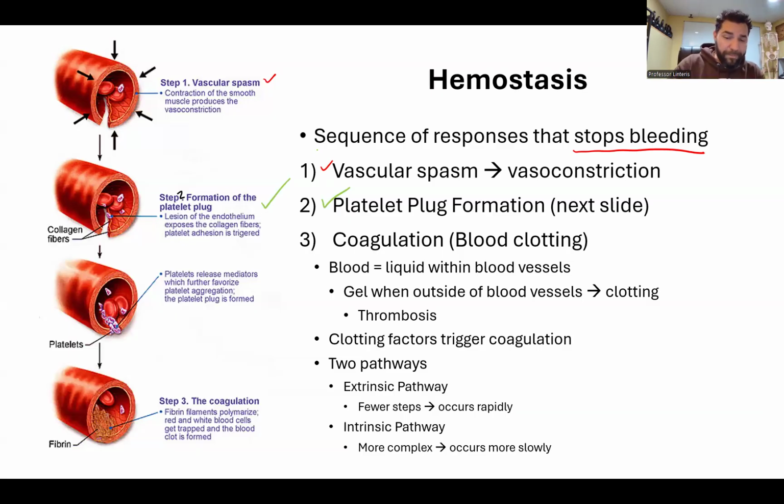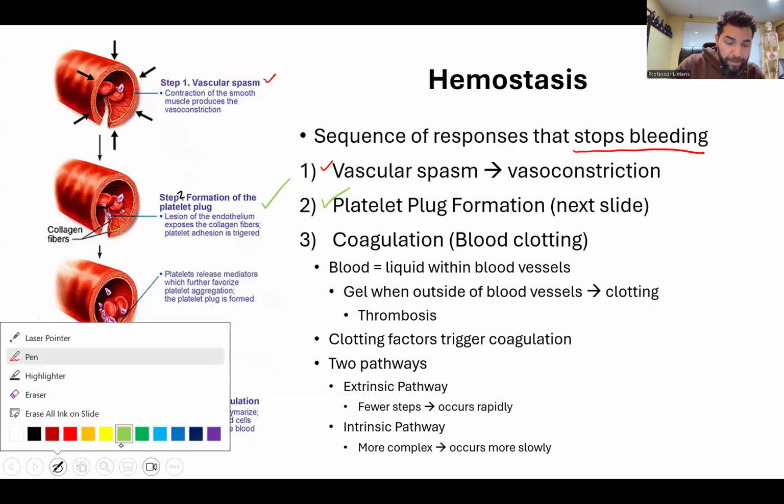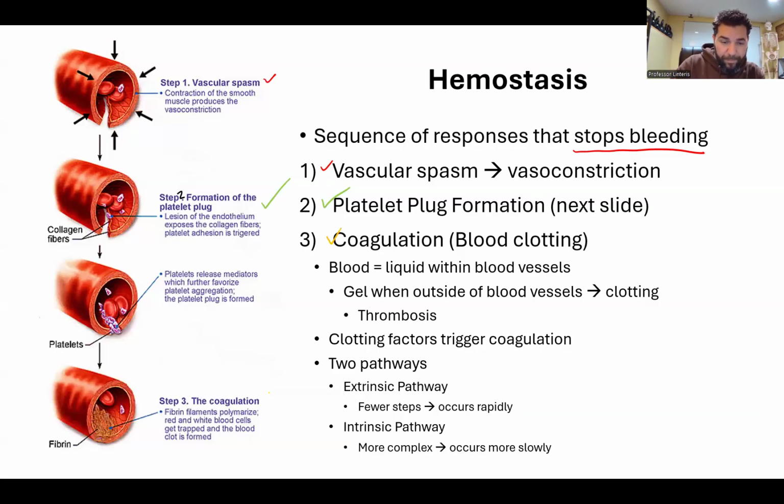And number 3, we have coagulation. And I should make sure I pick a different color. And this pretty much simplifies it. We're going to go into some crazy detail with clotting factors and stuff, which I don't expect you to memorize. But the coagulation is the blood clotting process.